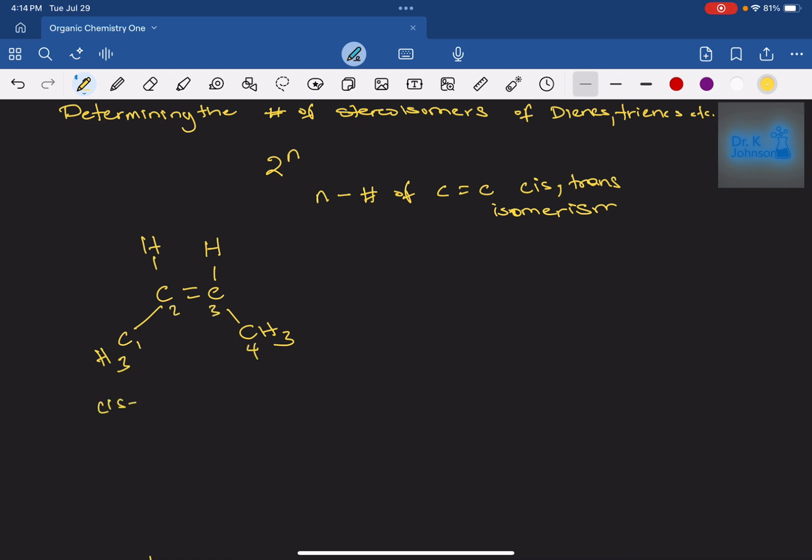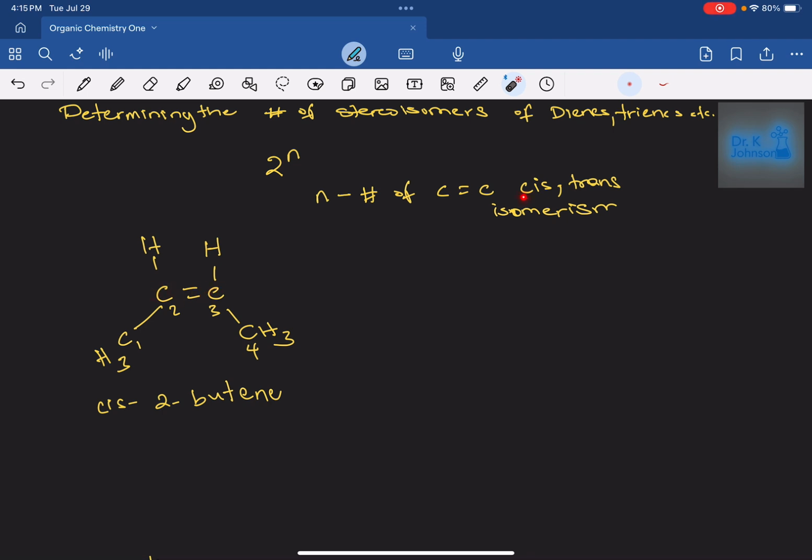This is cis-2-butene. Now, if you're asked how many stereoisomers can you draw for cis-2-butene or just 2-butene, this is how you answer that. Find the carbons of the double bond.